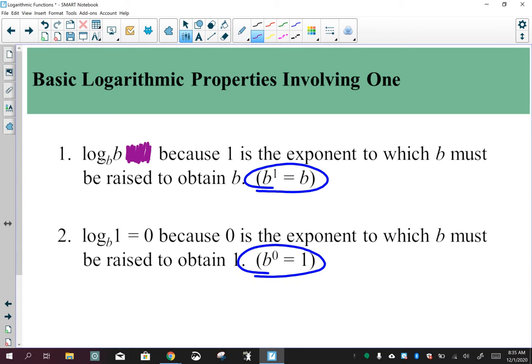So when you have log b to the b or log 7 to the 7 or whatever else, you know that your answer is simply going to be 1, and that's because of this exponential piece right here. When you have log b to the 1, again because of this exponential property right here, every time you see that, doesn't matter what it is, if it's log 7 to the 1, you know your answer is going to be 0. Because remember, this is your base, that's your exponent, and this is actually what it equals.